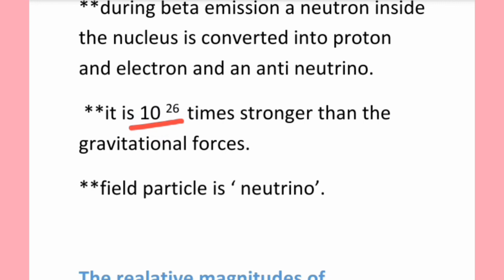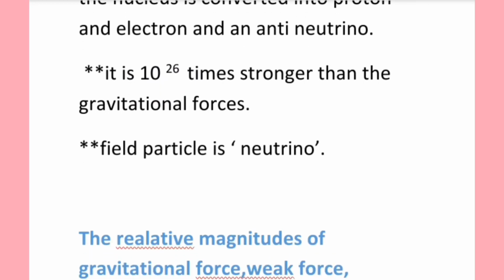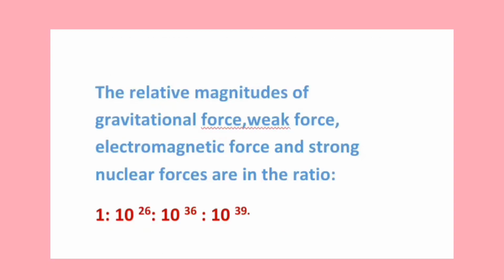Even though it is called weak nuclear force, it is stronger than the gravitational force. Next, the field particle of weak nuclear forces is called the neutrino. Remember this point.